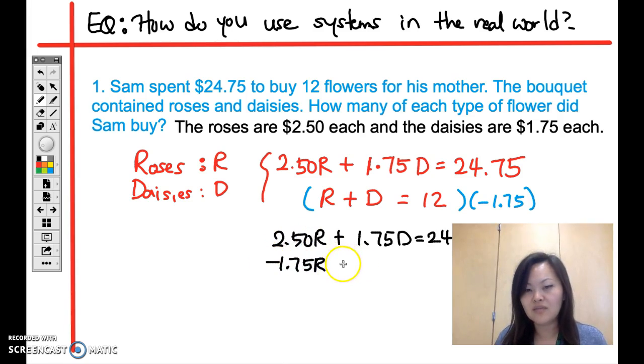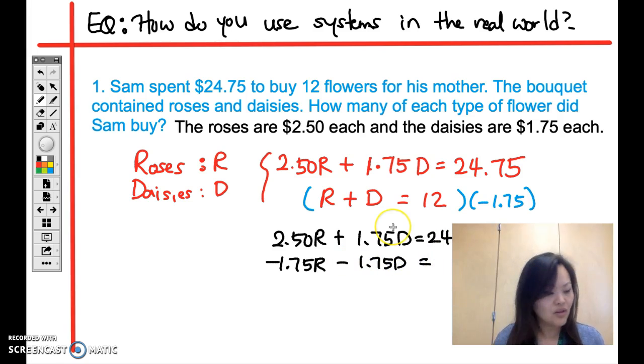And then you have to go 12 times negative 1.75, which I cannot do really fast. I should have had my calculator open. But there you go, let me just do it really fast. And I got negative 21, right?